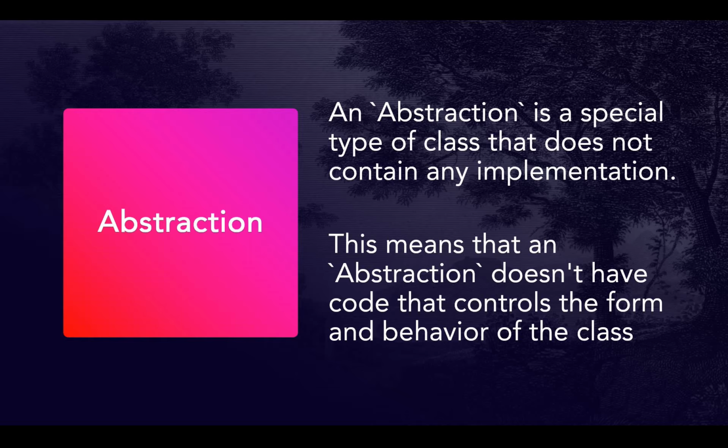What this means is that an abstraction does not contain any code that controls the form and behavior of the class, meaning it does not contain any attributes, it does not contain any specific behavior. It does contain methods, but these methods are empty.